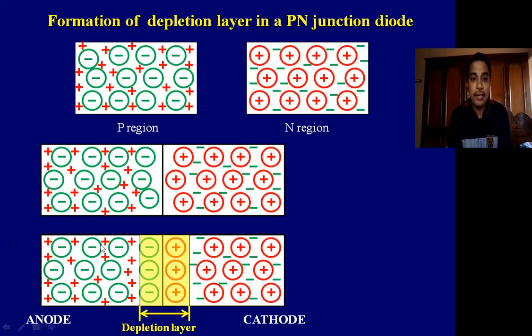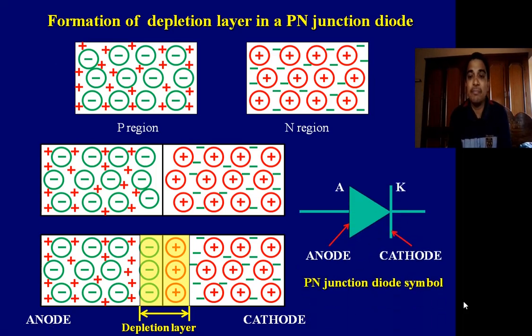Here, the side with more holes is called the anode. This side with more electrons we call the cathode, the negative charge. This is the process to make the diode. The diode symbol is shown as one arrow mark with one plate.